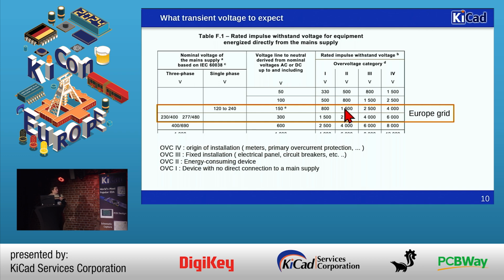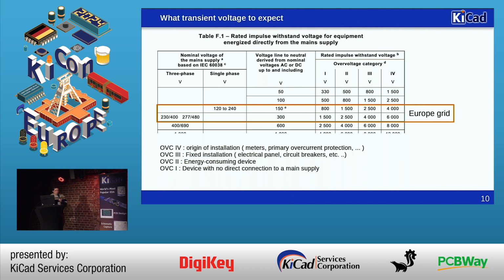And OVC1 is where you have no direct connection to the mains. It's like the cable is passing through you. Maybe you're doing contactless magnetic field current sensing or something, and then you can be OVC1. But most of the time you'll be overvoltage category 2, which means that if you design something that is wired to the mains, you should withstand at least, according to the standard, 1.5 kilovolts.